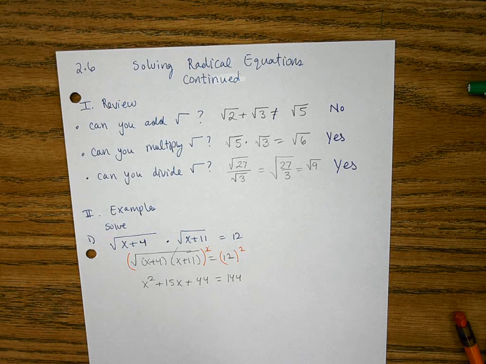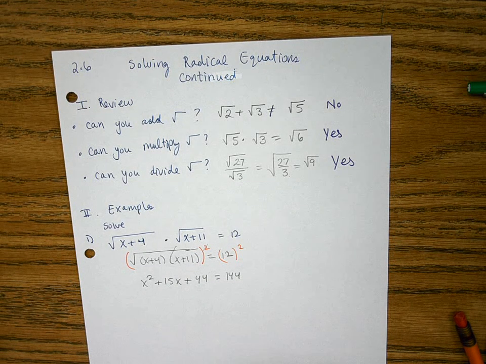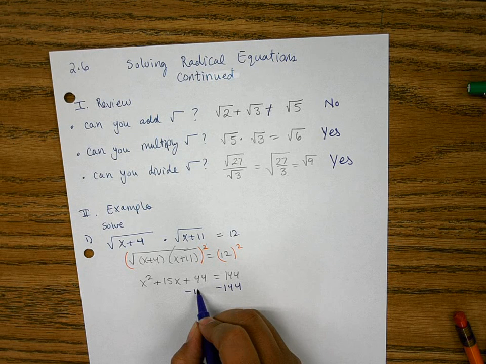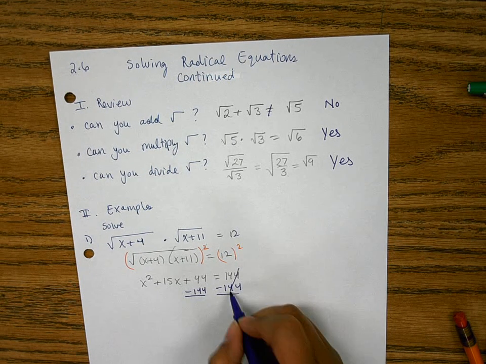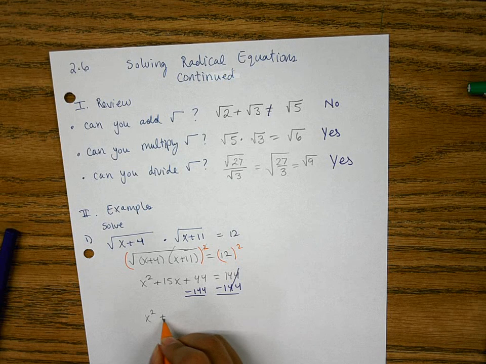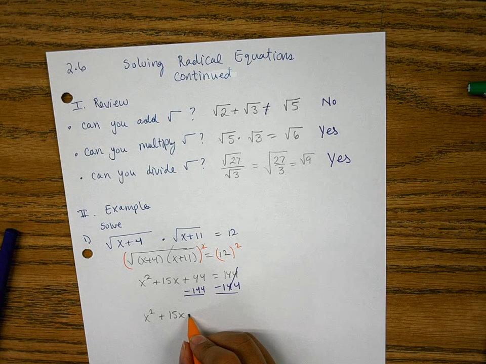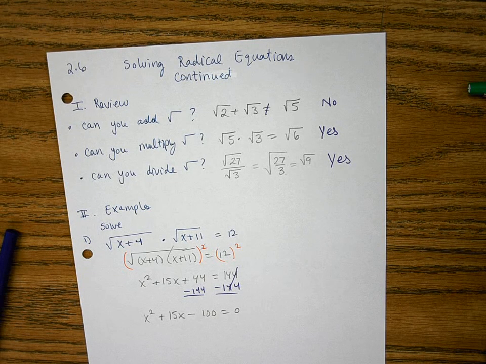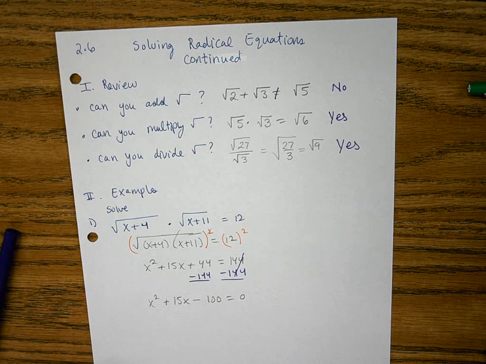And now we can see that we're ready to get equal to 0 so that we can factor and solve. I cannot factor and solve the way it is right now because it has to equal 0. The whole reason we factor and solve is because we use the zero product property, which means it has to equal 0. x squared plus 15x minus 100 equals 0.